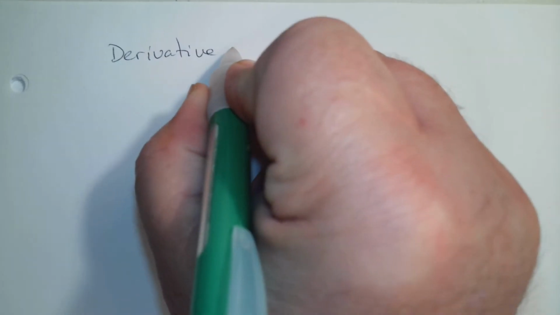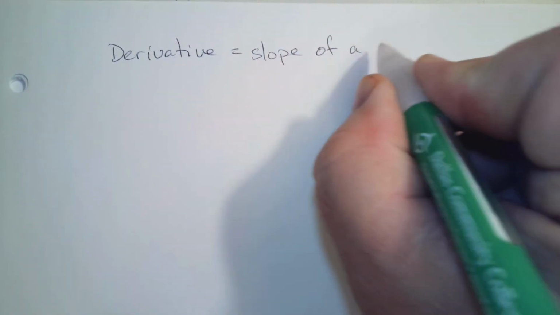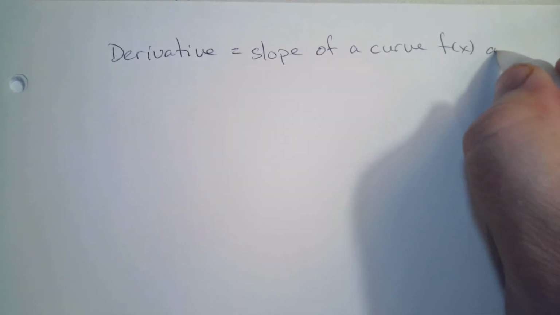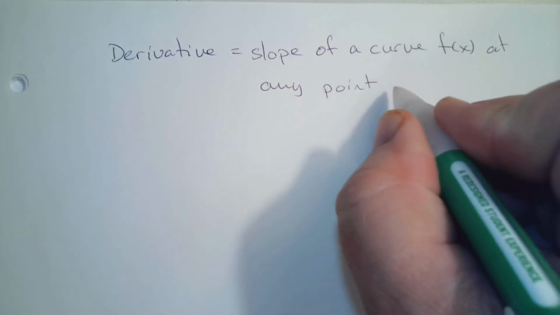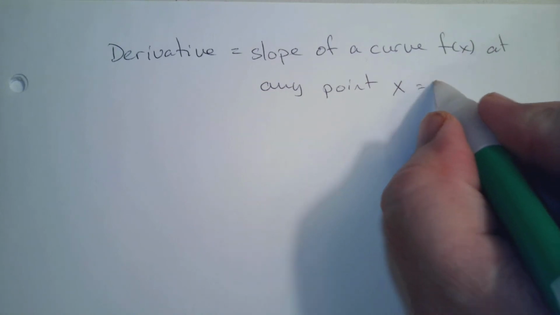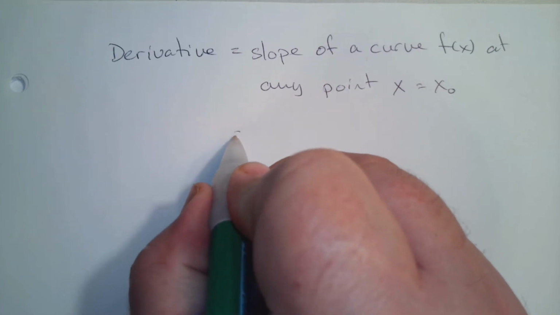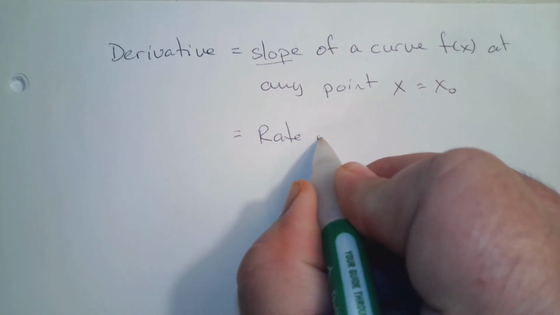Now let's see how this relates to what's called a derivative. A derivative is a slope of a curve f of x at any point x, or call it x sub 0. Since it's a slope, another description of slope is called a rate of change.